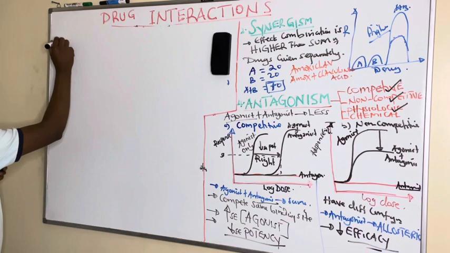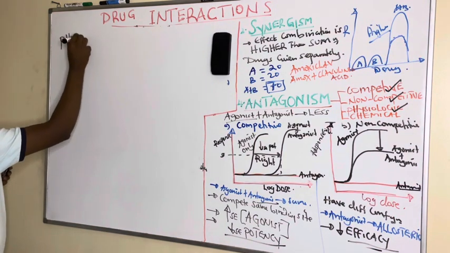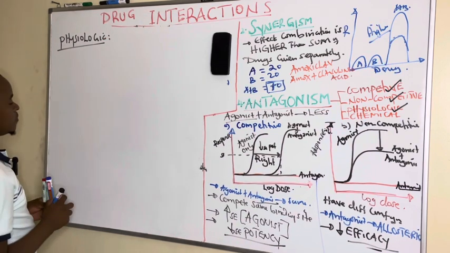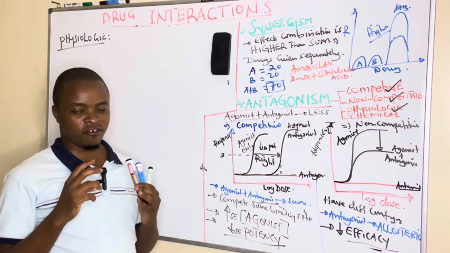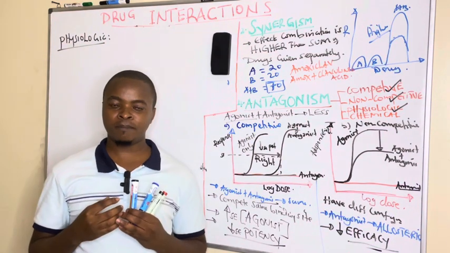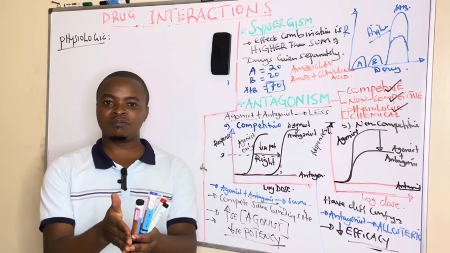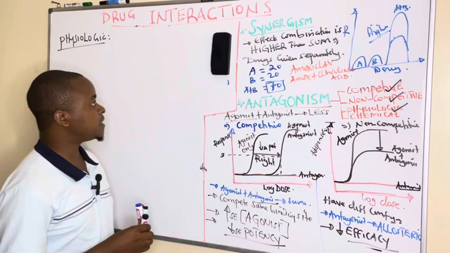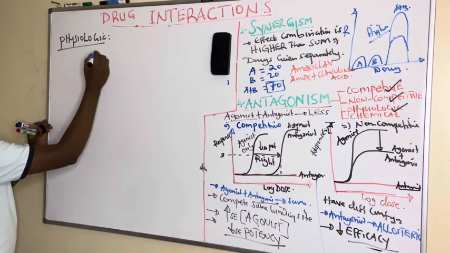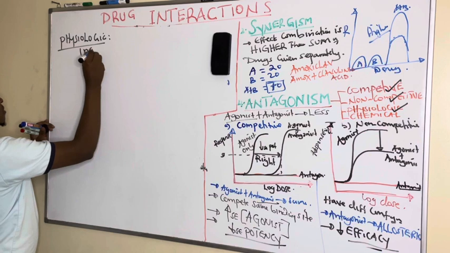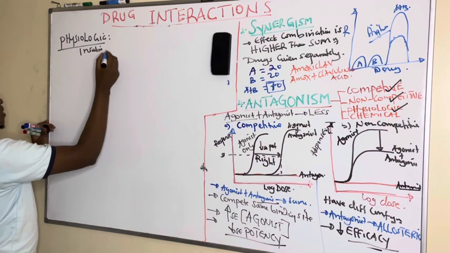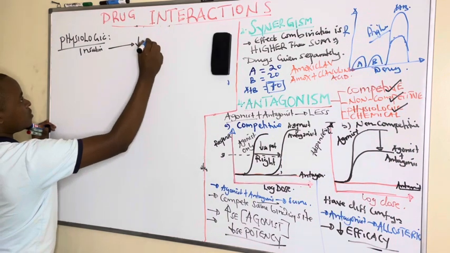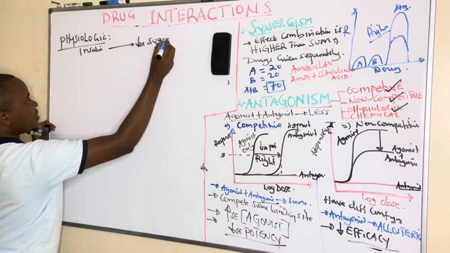Under physiological antagonist, when these drugs are given in combination or at the same time, they bind to the receptor and produce an opposite response from the agonist. For example, if I'm giving a drug such as insulin, this insulin is going to decrease sugar levels at the liver cell.